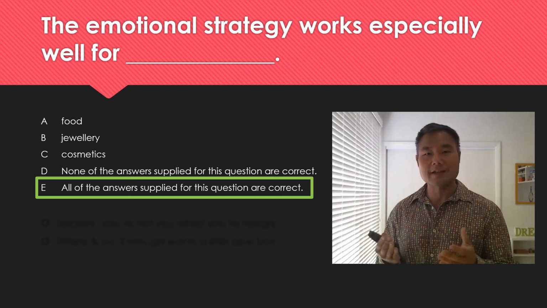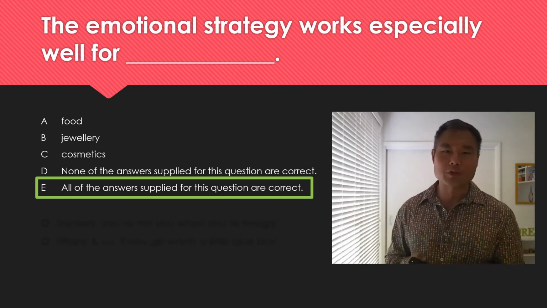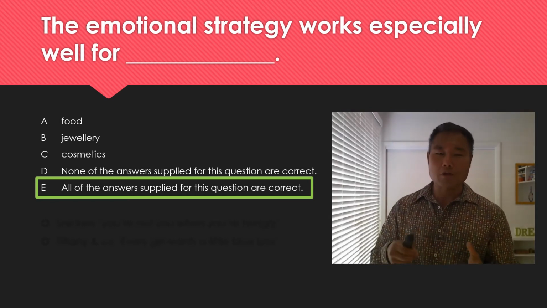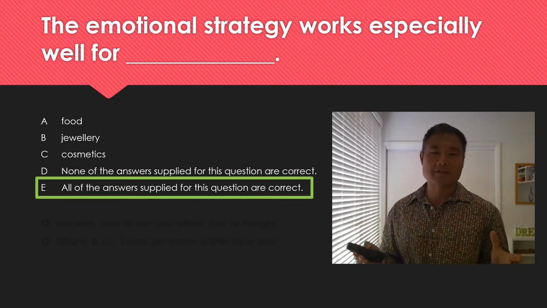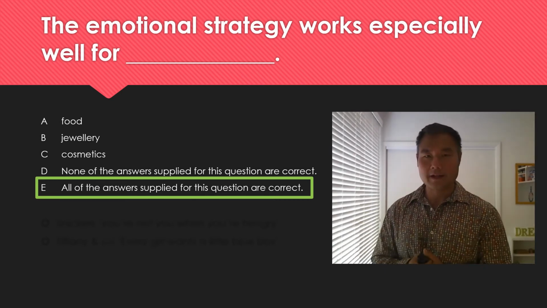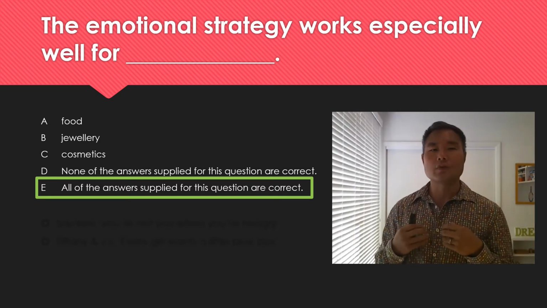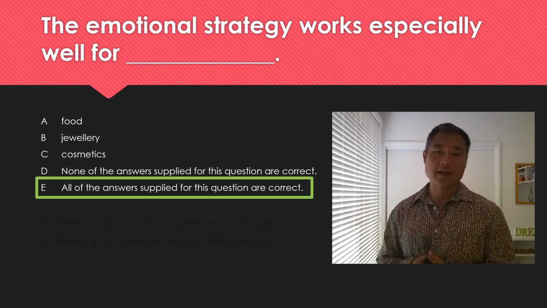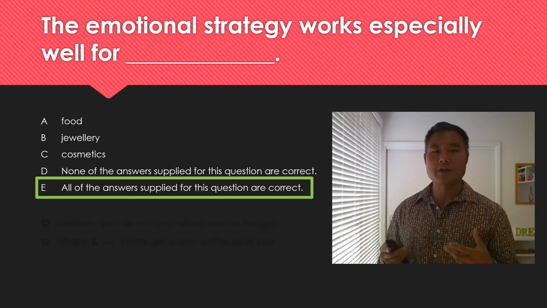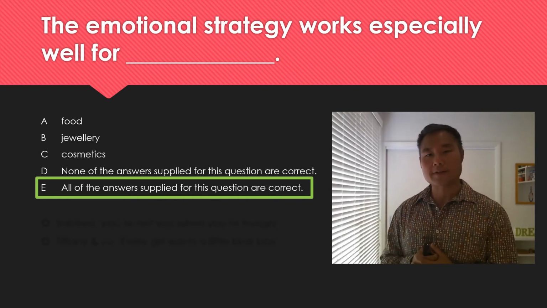It's those ads where they show you slicing through a tomato and all the juices coming out, or pouring gravy over a really nicely roasted lamb chop. So that's an emotional strategy, because it's really trying to make you feel something when you see that ad, and it works really well for those three categories because they're such pleasure-invoking products.